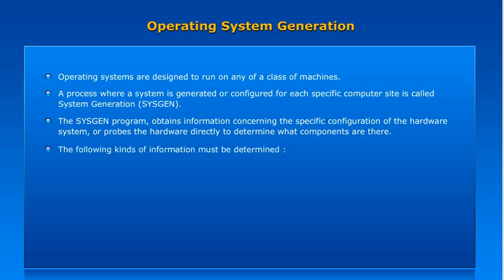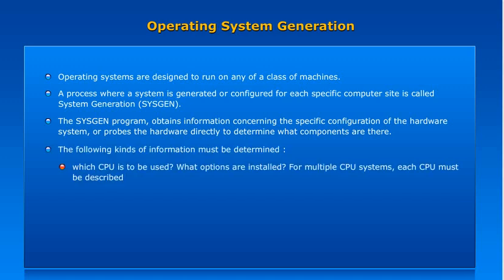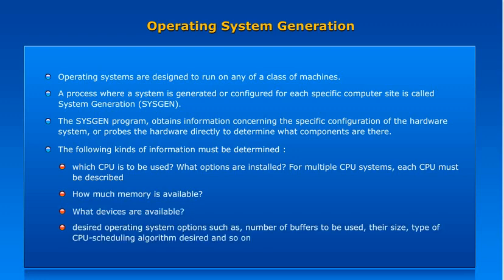The following kinds of information must be determined: which CPU is to be used, what options are to be installed. For multiple CPU systems, each CPU must be described. How much memory is available? What devices are available? Desired operating system options such as number of buffers to be used, their size, type of CPU scheduling algorithm desired, and so on.